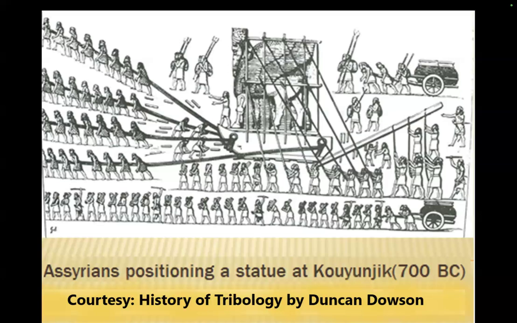Many authorities think that these logs are used as rollers underneath the sliding surface to ease the movement. I think some of the rollers can be seen under the statue.